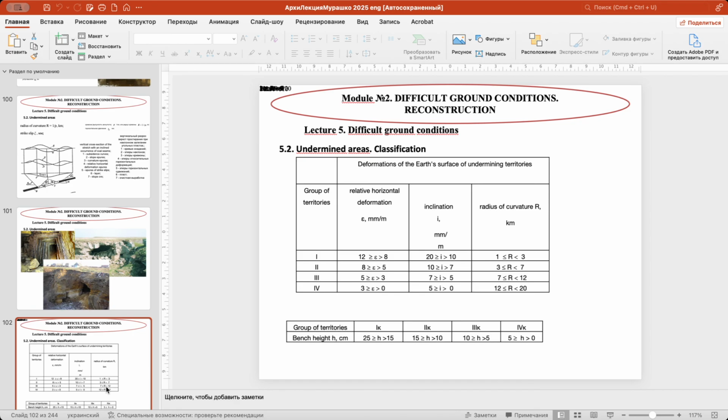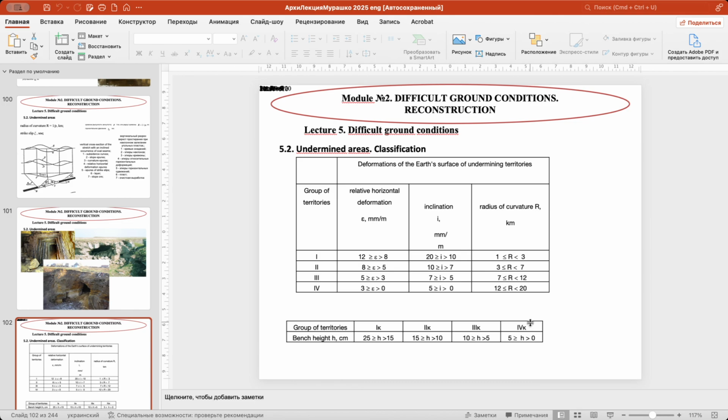Next question that you have to consider today is the classification of undermined areas. We have two types of classification. The first classification is divided into four groups, and each group can be defined according to the relative horizontal deformation, according to inclination, and according to the radius of curvature.